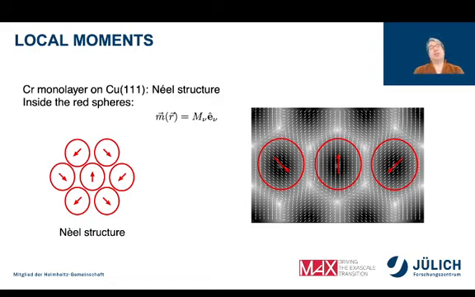A very important concept in all of these magnetic structures is usually the magnetic moment of a single atom, or the local magnetic moment. For example, I showed you here some structure where you have such a Néel structure, which can occur in this frustrated antiferromagnet, which we discussed at the very beginning.